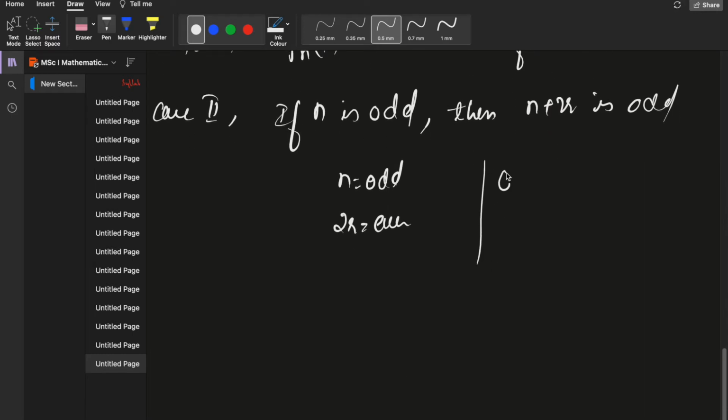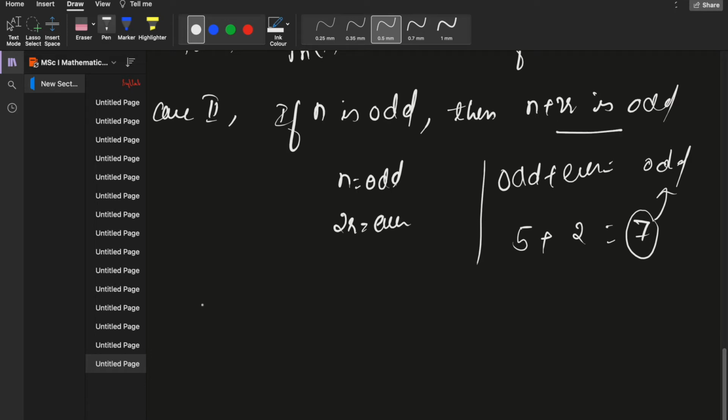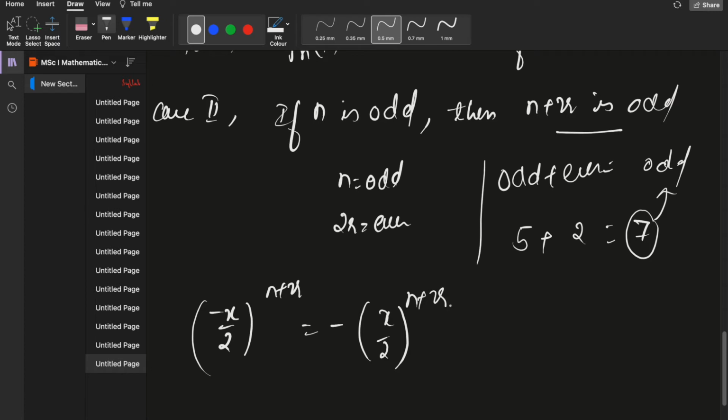If you remember, odd plus even will give me odd. How? 5 is an odd number, 2 is an even number, so this will give me 7, and 7 is odd. So n plus 2r is odd, and we can say (-x/2) to the power n plus 2r will give me minus of (x/2) to the power n plus 2r.